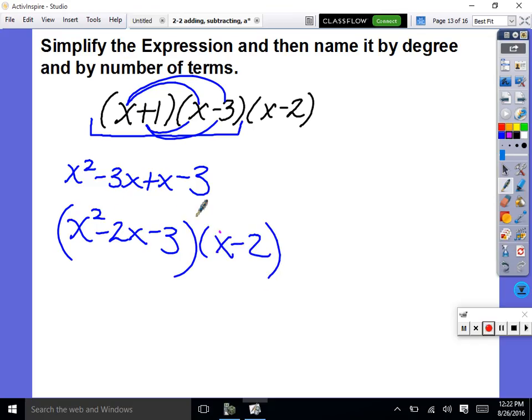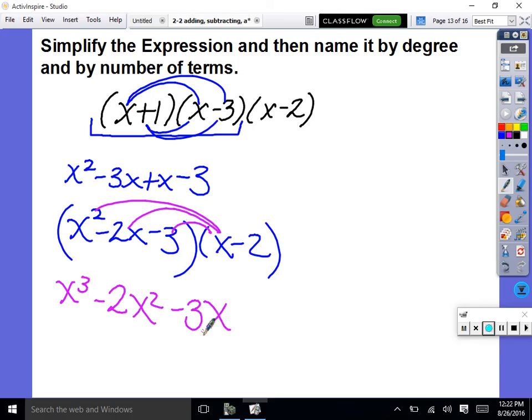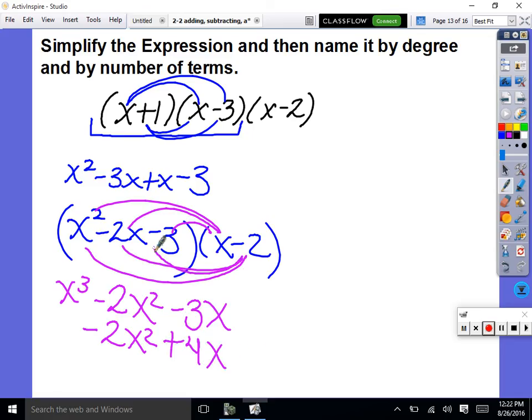So we'll triple distribute. X cubed minus 2x squared minus 3x, minus 2x squared, plus 4x, plus 6.